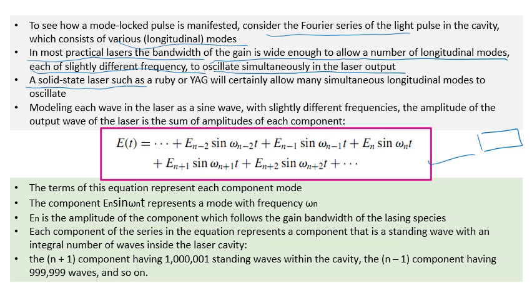A solitary laser such as Ruby or YAG will certainly allow many simultaneous longitudinal modes to oscillate. The gain medium is like that.